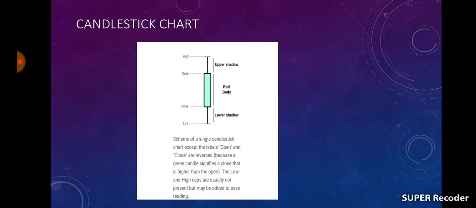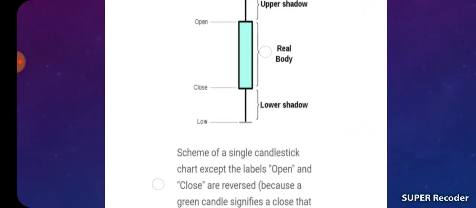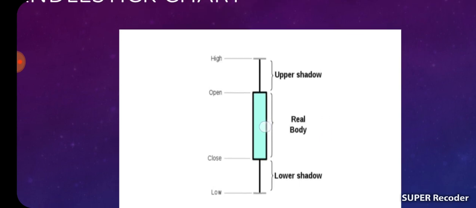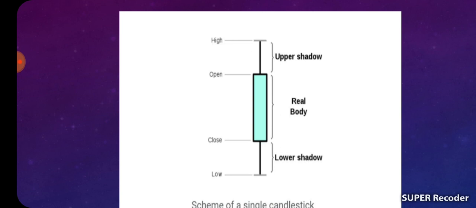A candlestick chart has a number of parts. The body is known as the real body, and the wicks of the candle are known as the upper shadow or wick, and this part is known as the tail or lower shadow.